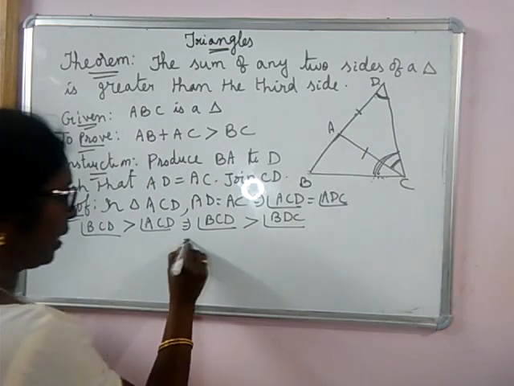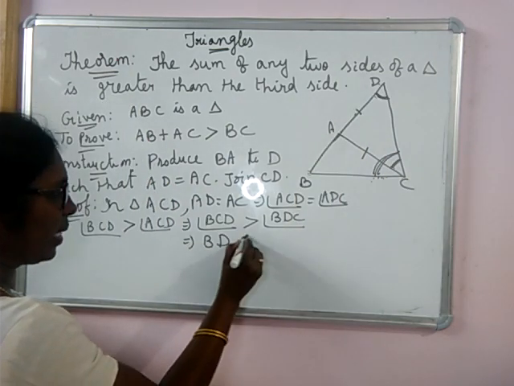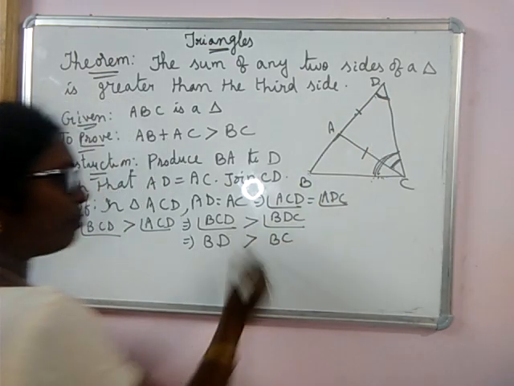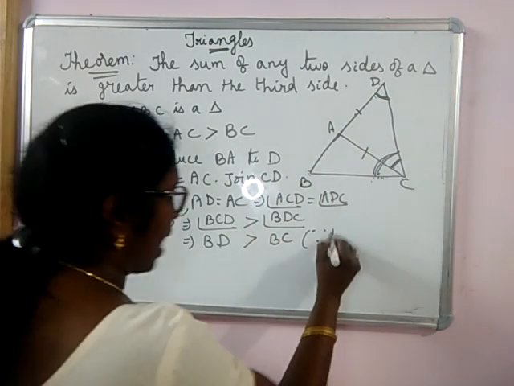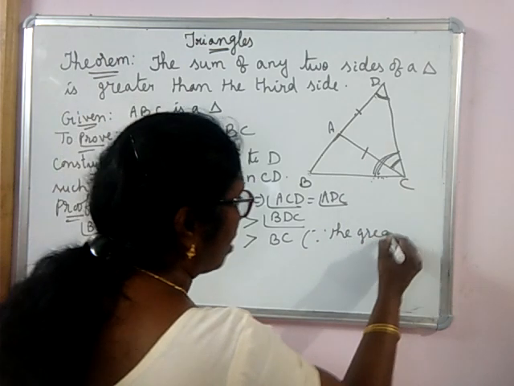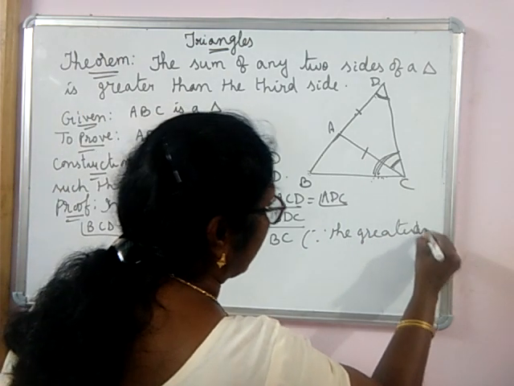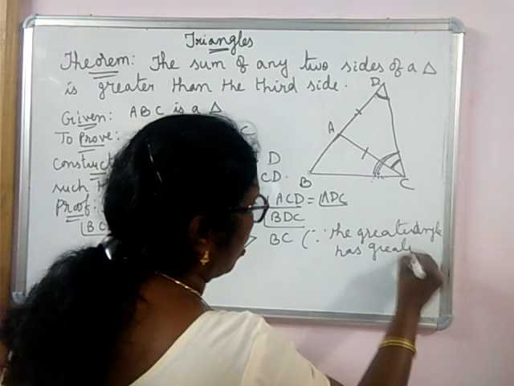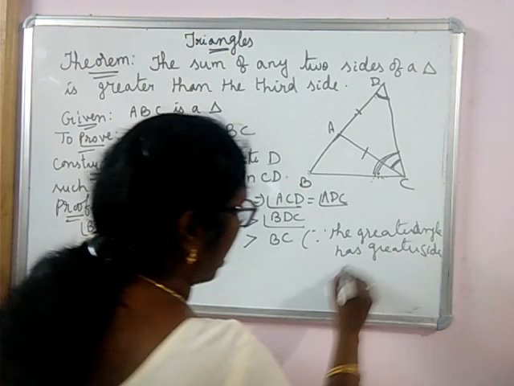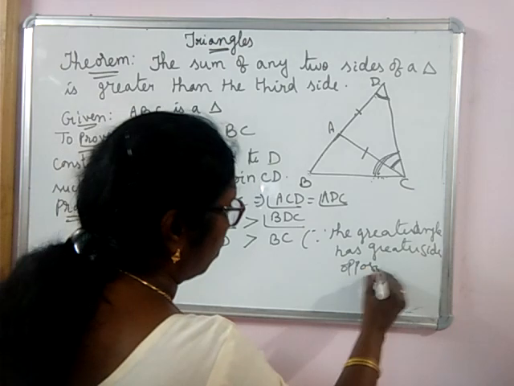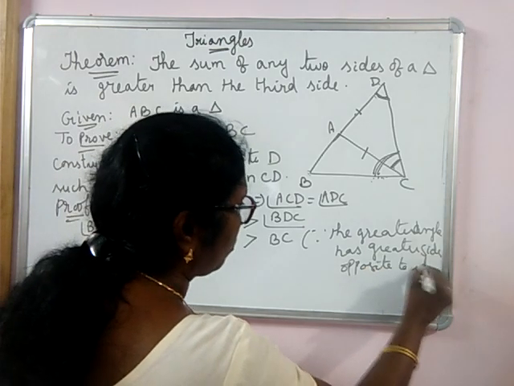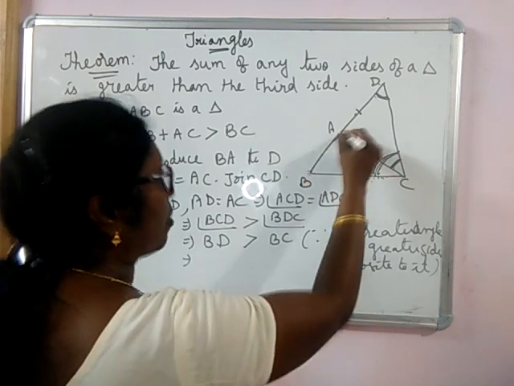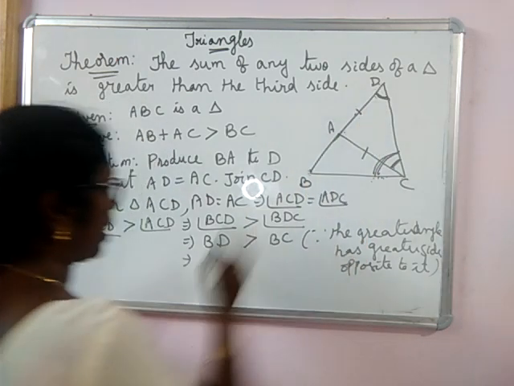Opposite to this is BD, which implies BD is greater than BC, which is opposite to this, because you have learned that the greater angle has the greater side opposite to it. Now BD is the sum of AB plus AD.